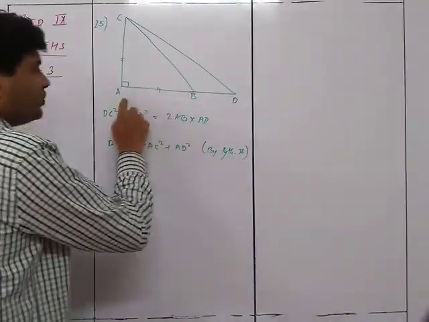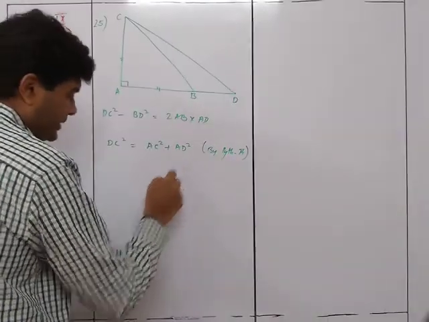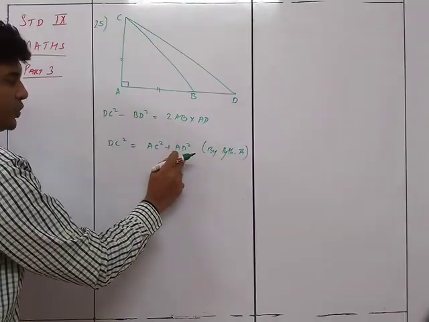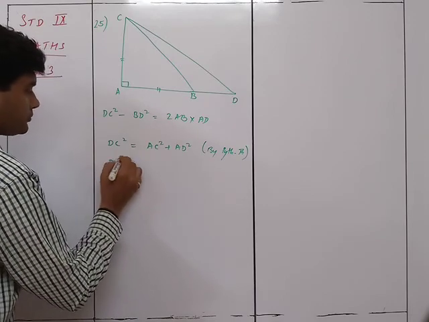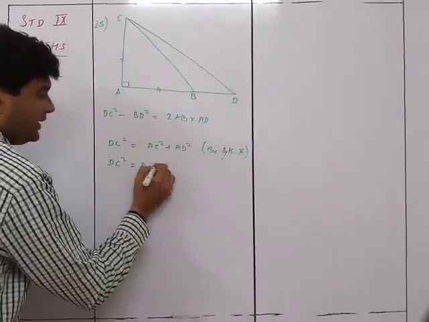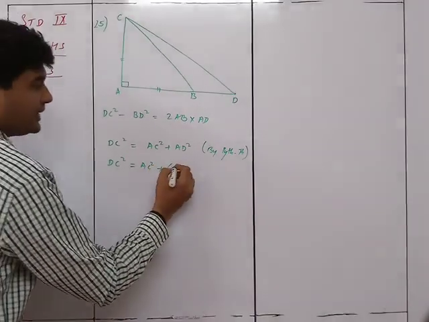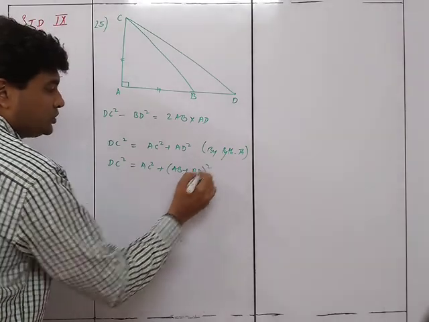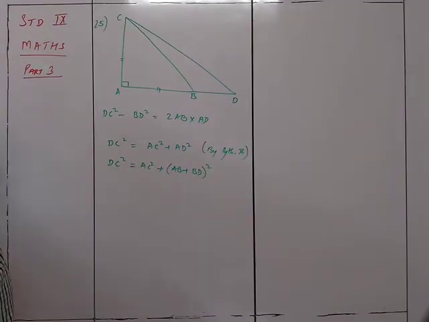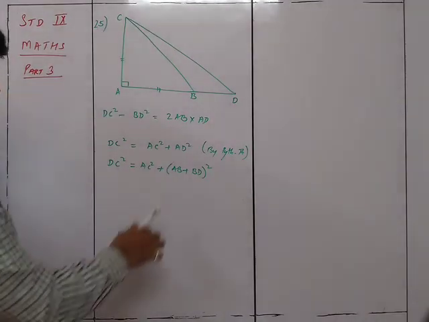And you can see that is exactly what we are having, AD square. So I can write this DC square will be equal to AC square plus this will be nothing but AB plus BD the whole square. Understood?